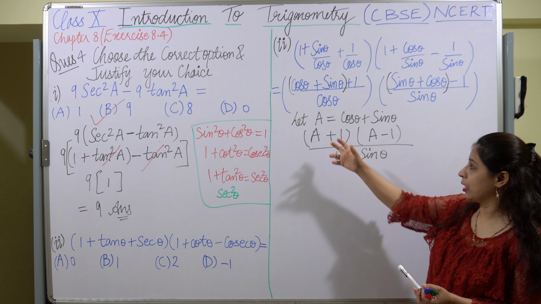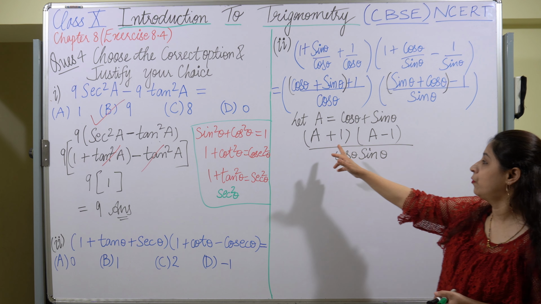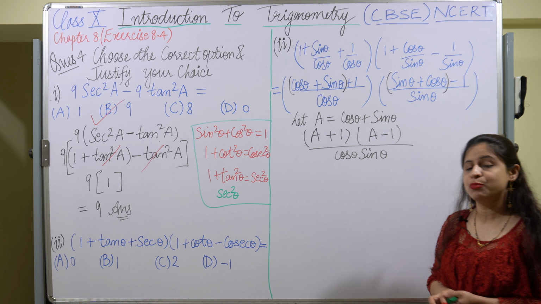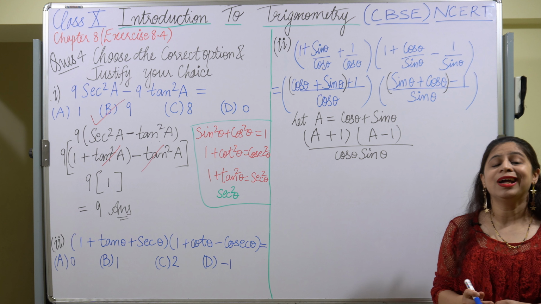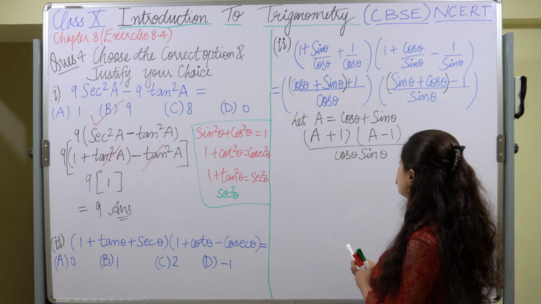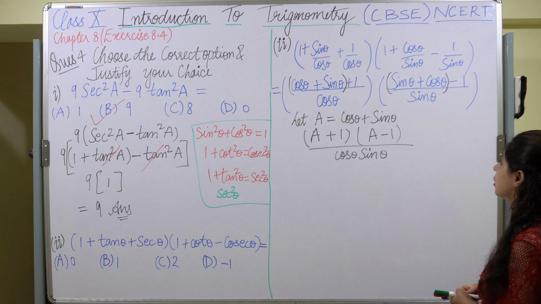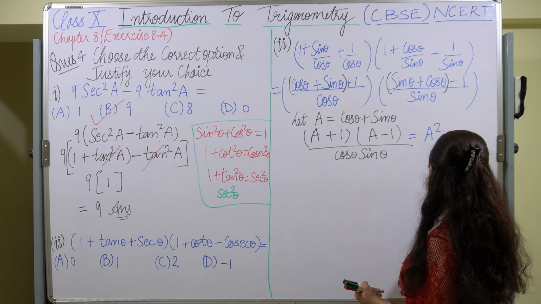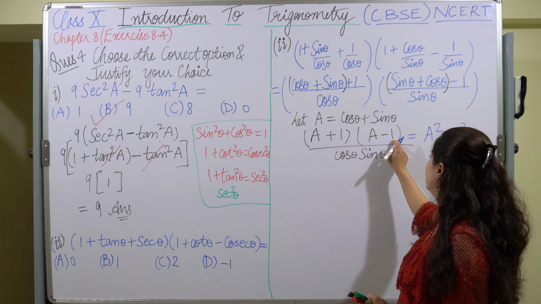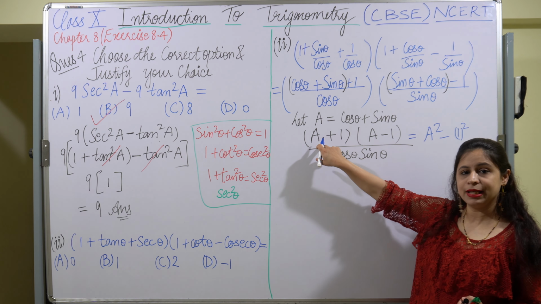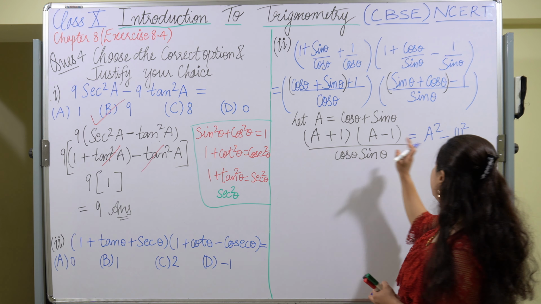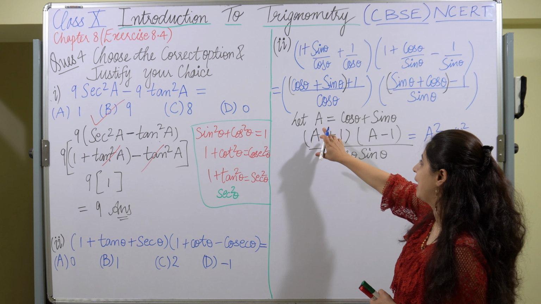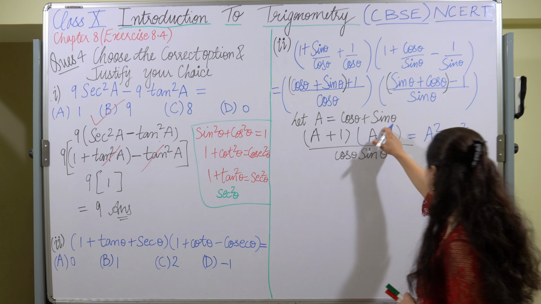So here we can get the formula for A plus B into A minus B. So A plus B into A minus B is equal to A square minus B square. So from here we will be getting A square minus 1 square. Okay, B is 1 and A is capital A, and the actual value of A is cos theta plus sin theta.